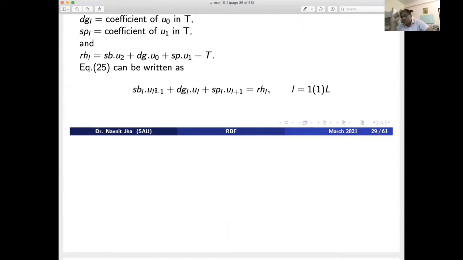U0 is already known to you, the first value, because Dirichlet boundary values are known to us. So U0 and the end point, which is U at uppercase L plus 1, these two values are known to you. Once they are known, I can take them to the right hand side. I will keep on the left hand side only those things which are not known to us.